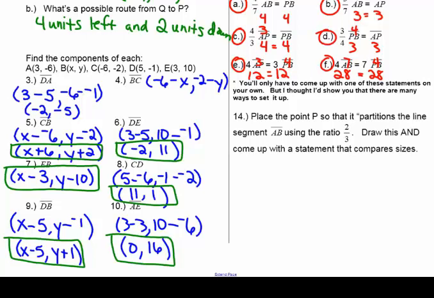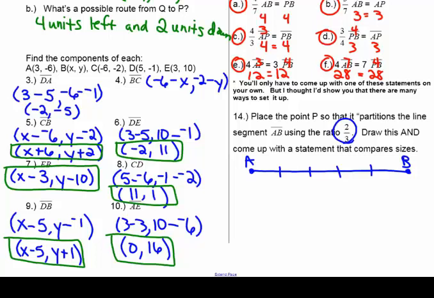Okay, so I want to draw my line segment AB. And I want a total number of units that is 5, because 2 plus 3 is 5. So I've got 1, 2, 3, 4, 5. There, I've got 5 spaces in between my AB, right?